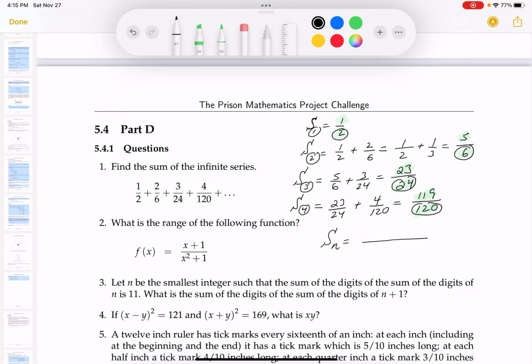So what would this be? N plus 1 factorial on the bottom. What goes on top? N plus 1 factorial minus 1. If you simplify this, you get 1 minus 1 over n plus 1 factorial.